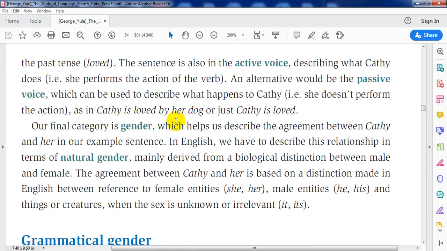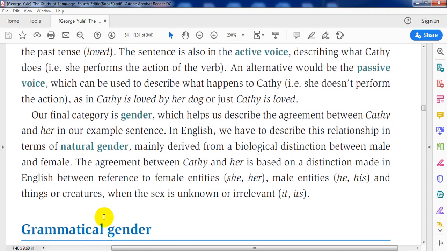The last thing here is that we have agreement in gender. In the grammatical description, as we will see here, we have a grammatical gender. It's different from natural gender, that is male and female.